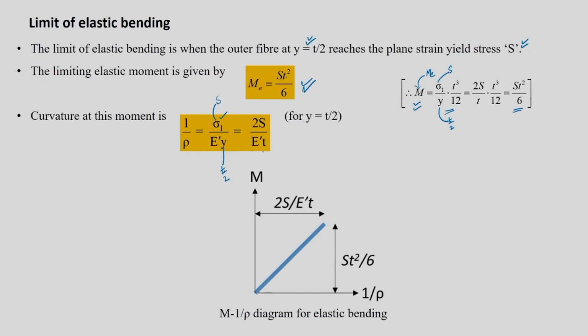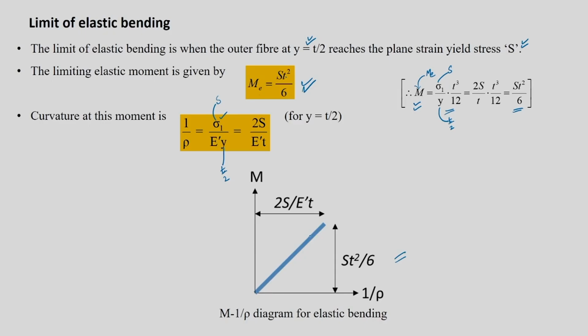So when M becomes Me, 1 by rho would be 2S by E dash t, which can be represented in a moment curvature diagram. Like we have a stress strain diagram, we can also have moment versus 1 by rho.